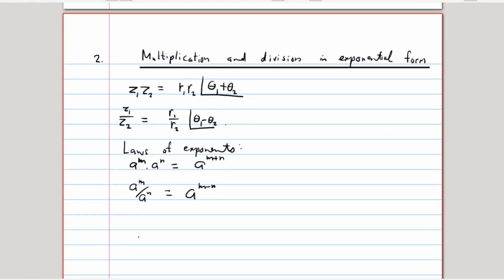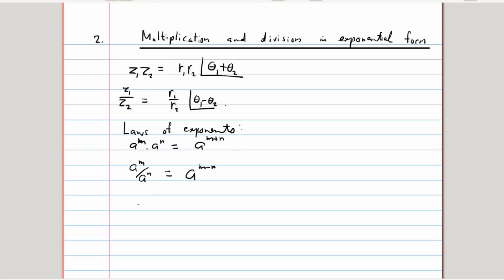right? And then what is the other one now? A to the m, all to the n. Well, this is just an extension of the first law there on top. This is a to the m times n, okay?